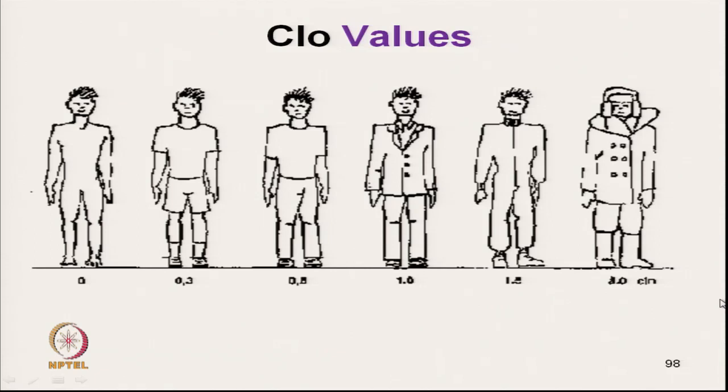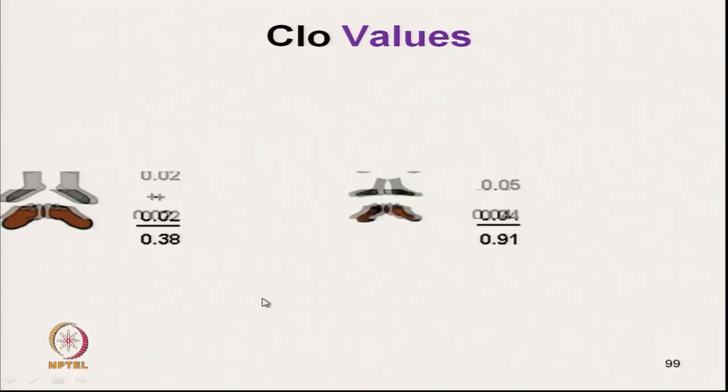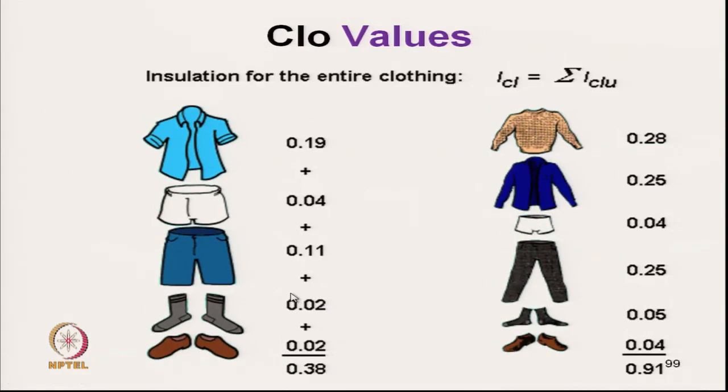That means the clo value is simply additive. So, he is wearing a T-shirt and, say, half pant. If we know the clo value of the T-shirt and this half pant, it can simply be added. The example is given here.